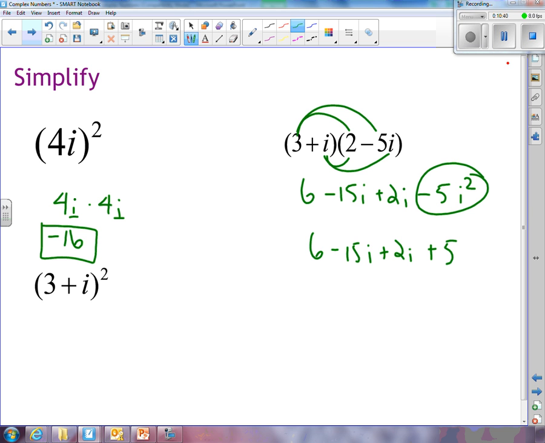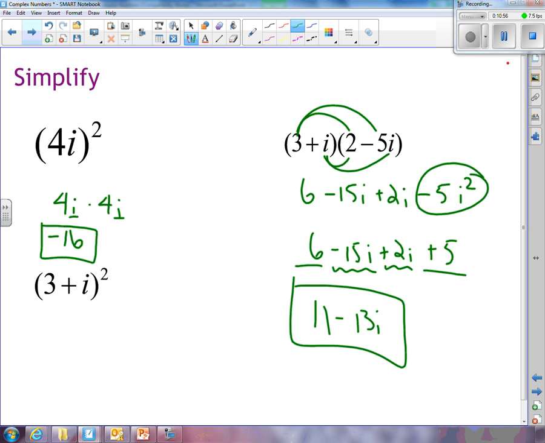I'm just trying to break it down so that you see where everything's coming from. Now you just combine all your like terms. 6 and 5 are like terms. They become 11. Negative 15i and positive 2i are like terms. They become negative 13i. And that's your answer. You have a complex number. The real part is 11. The imaginary part is negative 13.